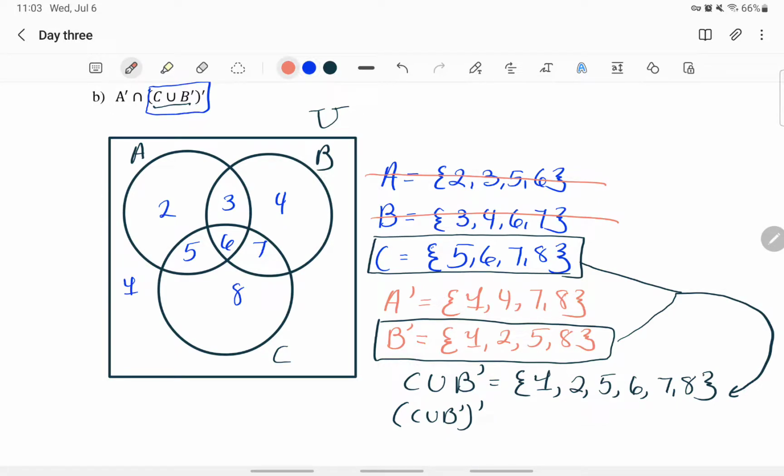And that's basically going to be every element in the universal set that is not within this set as well. So it's a complement. So every number in the universal set that is not 1, 2, 5, 6, 7, and 8, there's going to be 3 and 4.